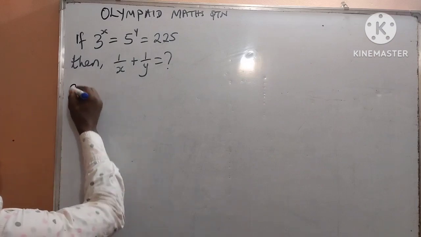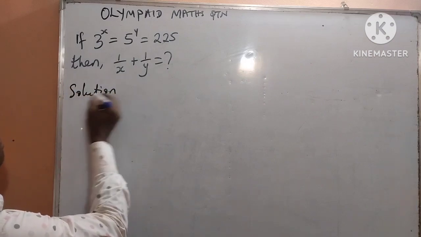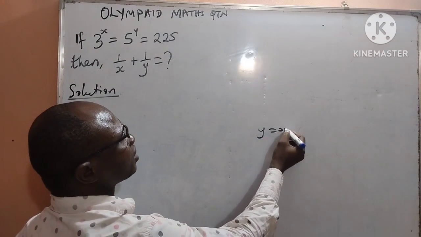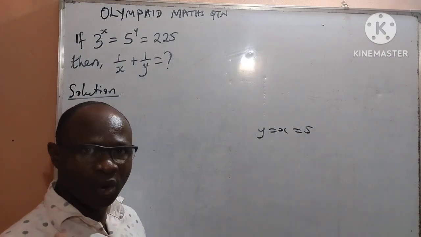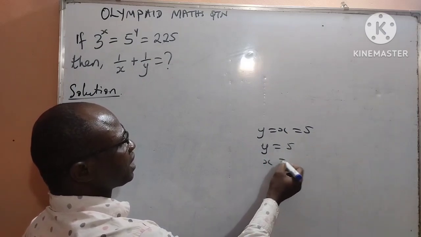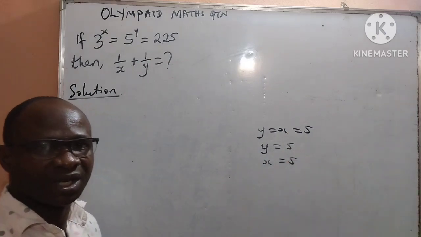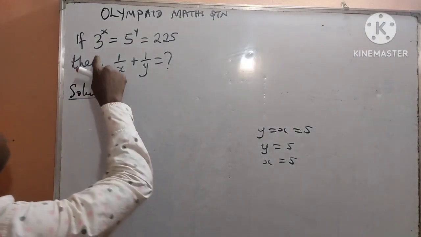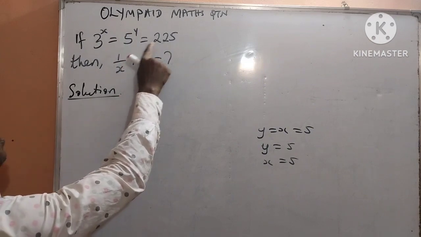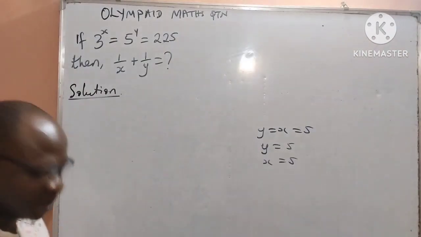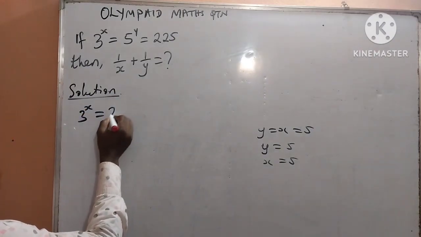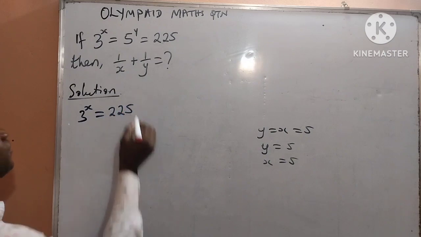By solution to this question, you see, if you give me that 3 raised to x is equal to 5 raised to y and is equal to 225, it implies that 3 raised to x is equal to 225.